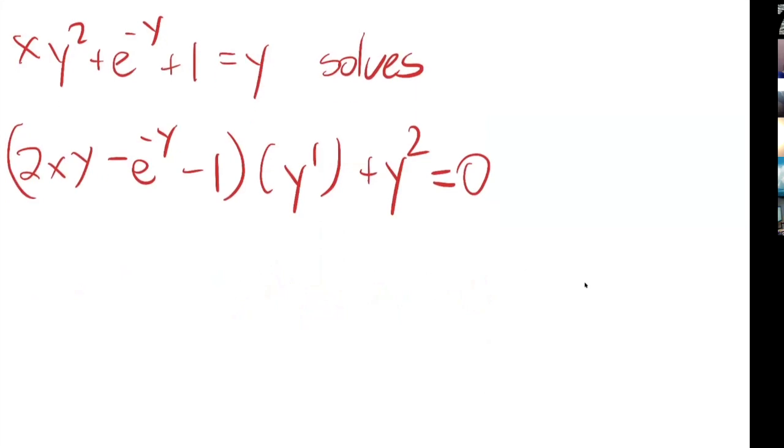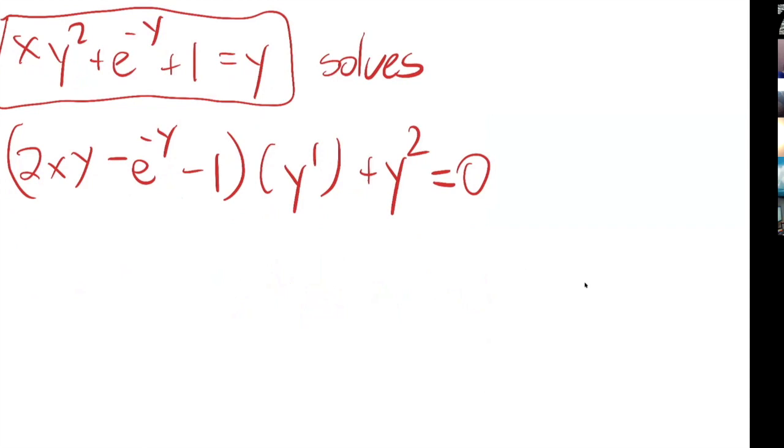Okay, so the problem was, here's this equation, and we want to show that it's a solution to the differential equation on the bottom. So that means we want to take this suggested equation and substitute it into presumably both sides of the differential equation. There's really only one side here. So we plug this into the left side and see if we get 0 on the right side.